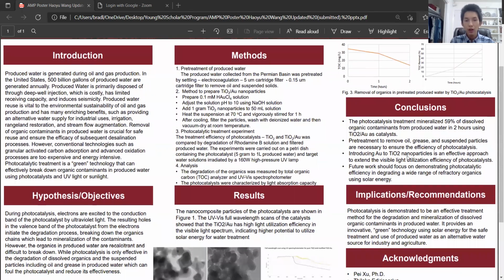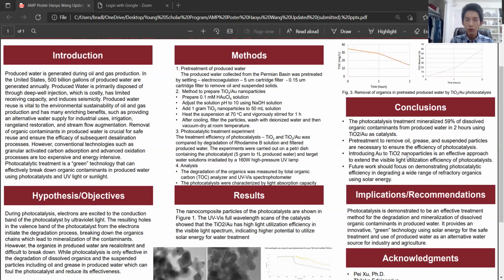So for the methods, the produced water was first pretreated using settling, electrocoagulation, and cartridge filtration. This water was collected from the Permian Basin in New Mexico. The photocatalysts were prepared two ways. One was just a pure titanium dioxide photocatalyst.